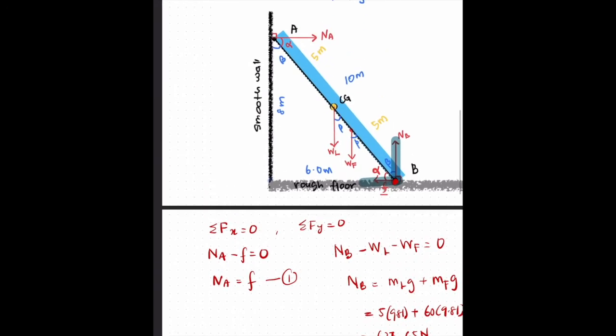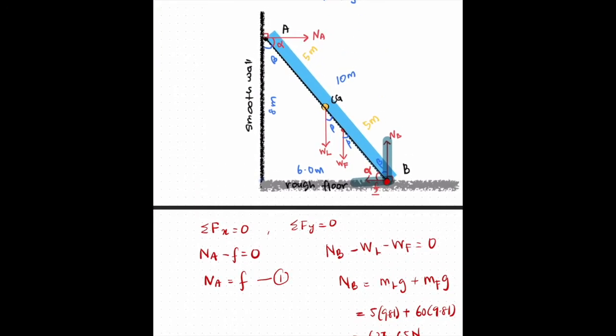Now we need to know the direction of rotation of torque F, torque L, and this torque. Which direction will the force rotate? For torque F, when you push the ladder about the pivot point, the ladder will rotate anti-clockwise.